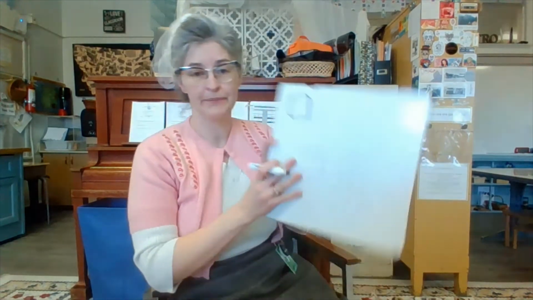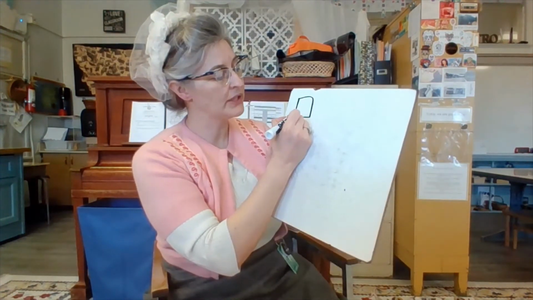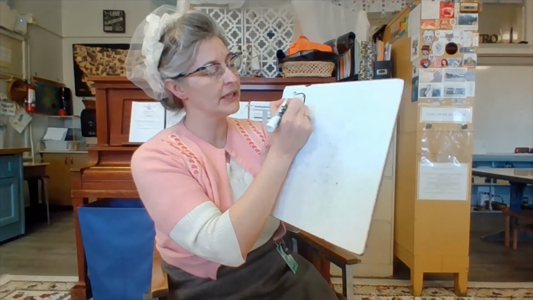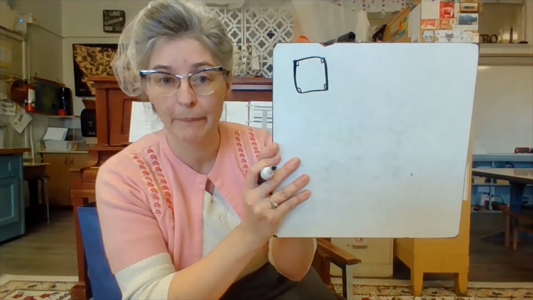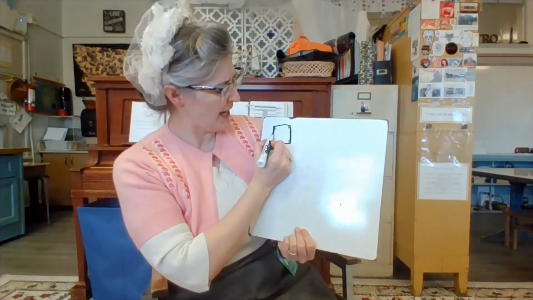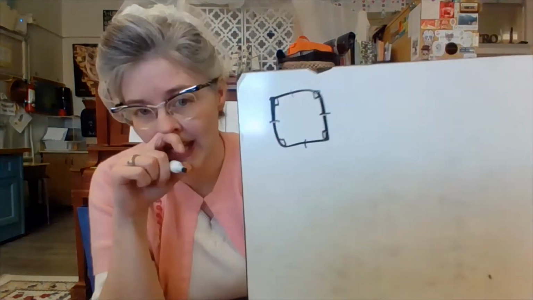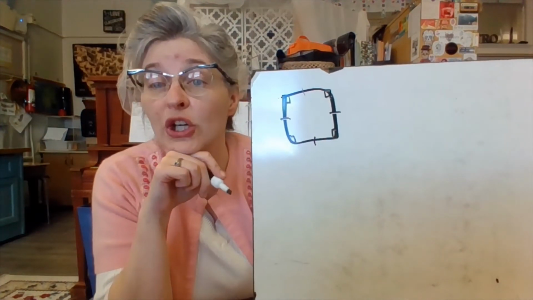What if I get a problem and it shows me a square? I know it's a square because it has those little symbols that mean 90-degree angles in the corner. It might even have these little lines that show me each one of these lengths is congruent.